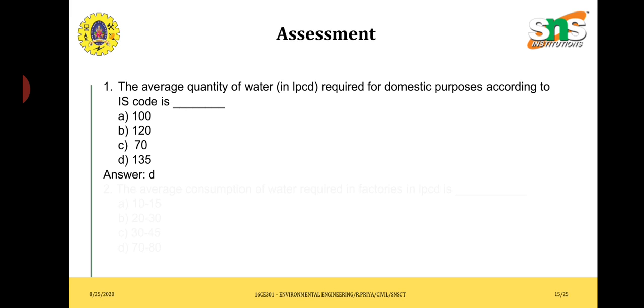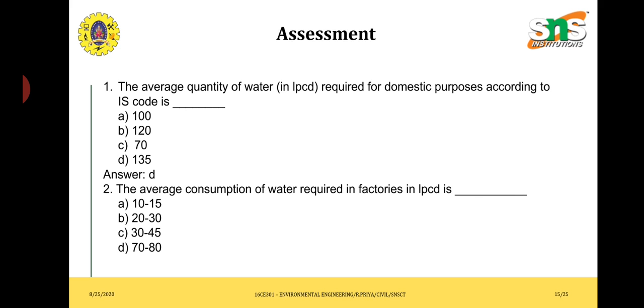The second question: the average consumption of water required in factories in liters per capita per day is dash. The first option is 10 to 15, second is 20 to 30, third is 30 to 45, and fourth is 70 to 80.